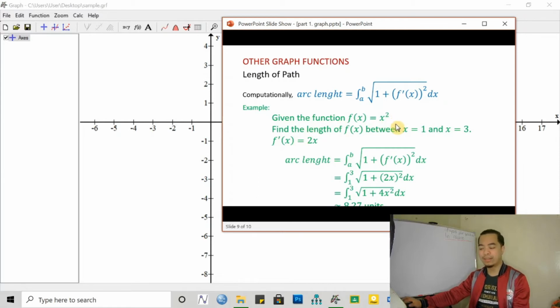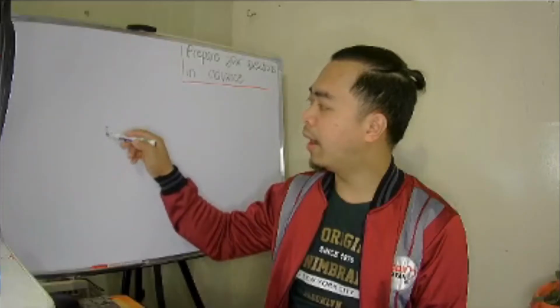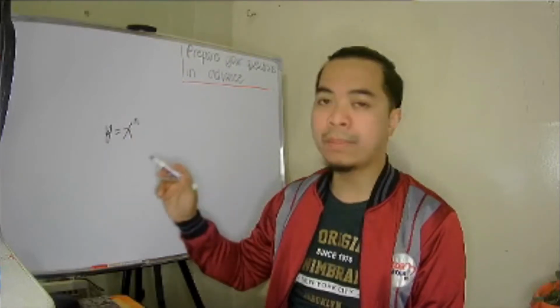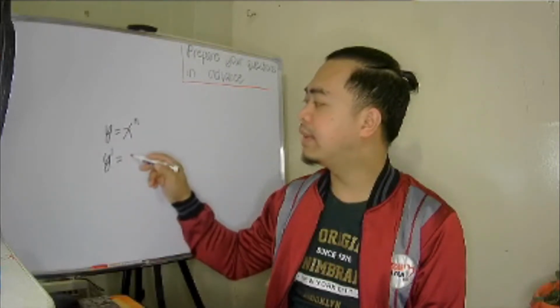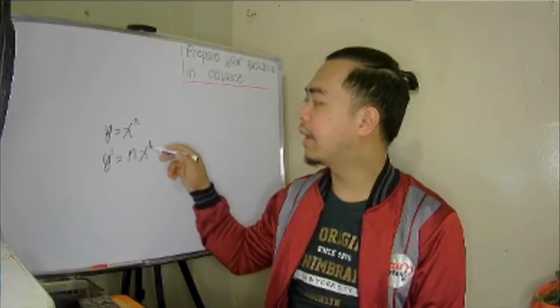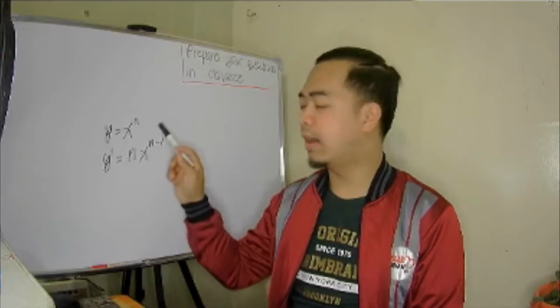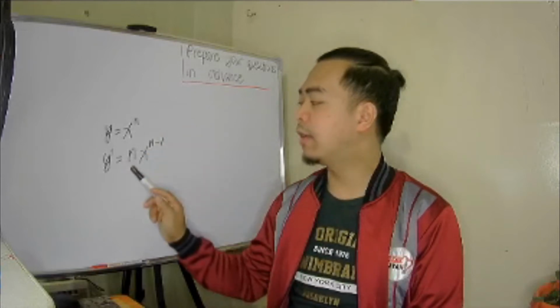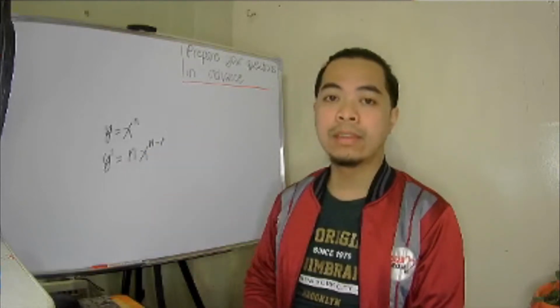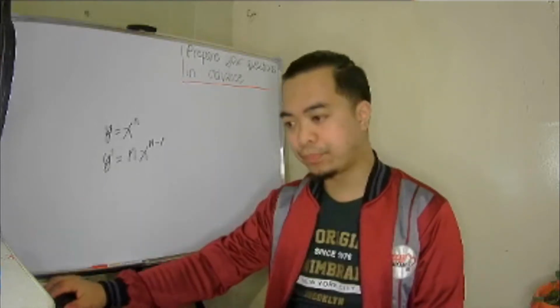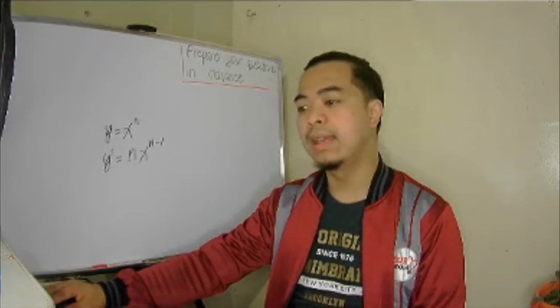If you recall our rule in differentiation, the power rule, if you have x raised to n, that's the function, by the simple power rule, the derivative is n x to the n minus 1. So you simply put the power as the coefficient, and then subtract 1 from that exponent. That's why it's 2x.